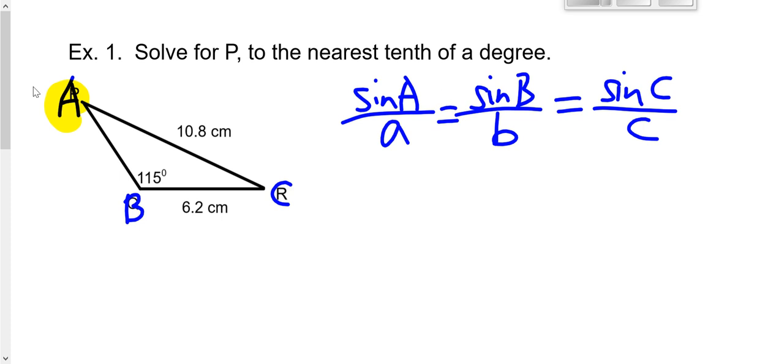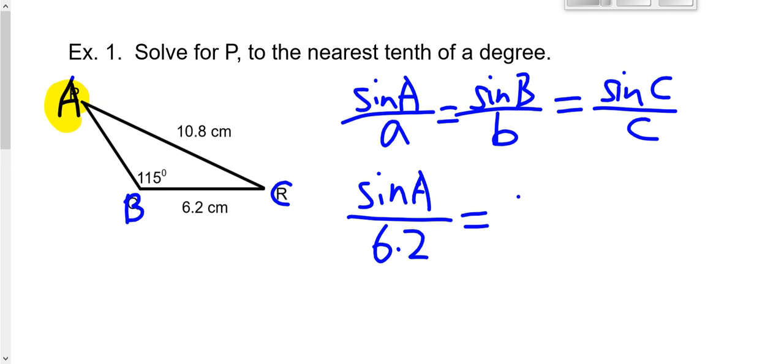Now if you look at this, we don't know this. That's what we're trying to find: sine A. What's the length of a, which is opposite to that? 6.2. Equals, we do not do anything with C because we don't know the length of c here, and we don't know angle C, so we can just deal with B. What is angle B? 115 degrees. So sine 115 degrees over b, the length opposite to that, 10.8.